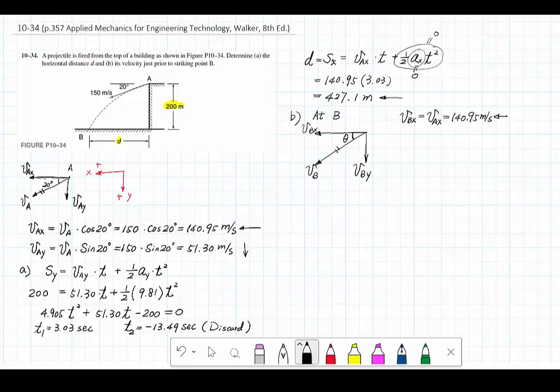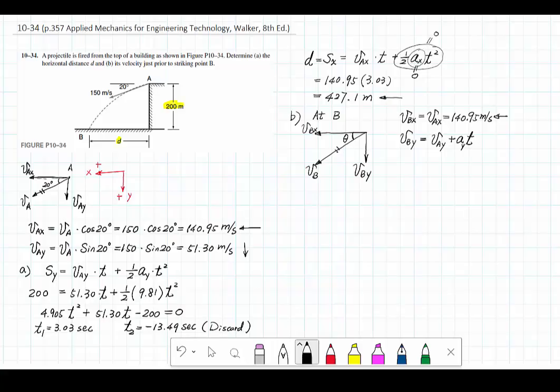Now we need to find out VBY. How to get VBY? Well, in the y direction, we have a velocity change. So we start with the initial velocity VAY, and then we need to add a t, which is the acceleration and the time, and acceleration has to be in the y direction, right?